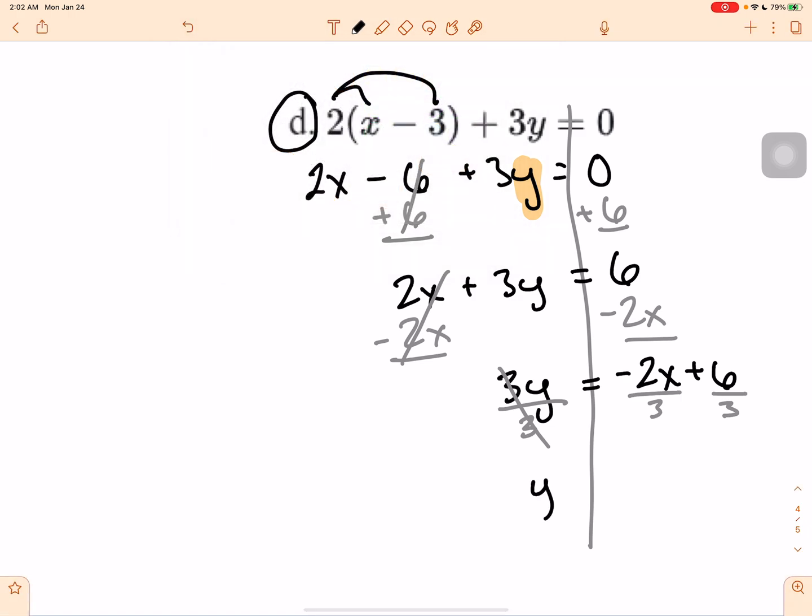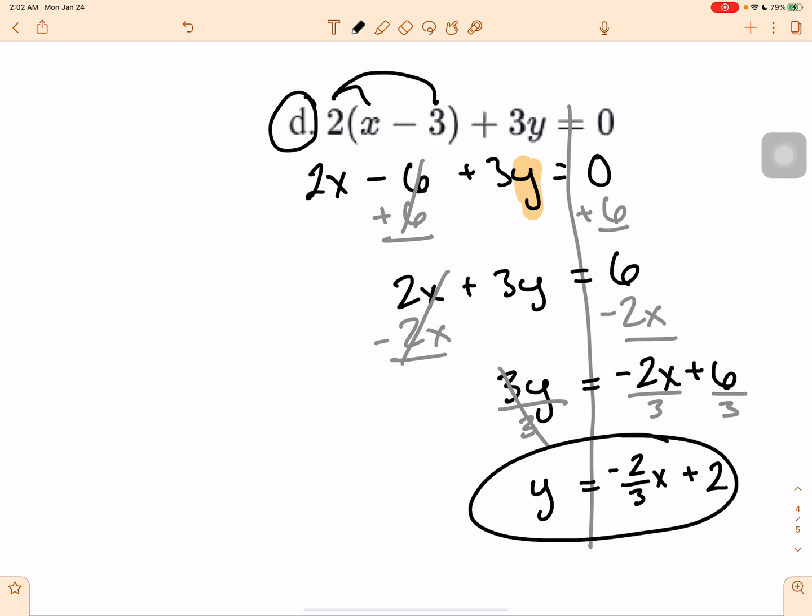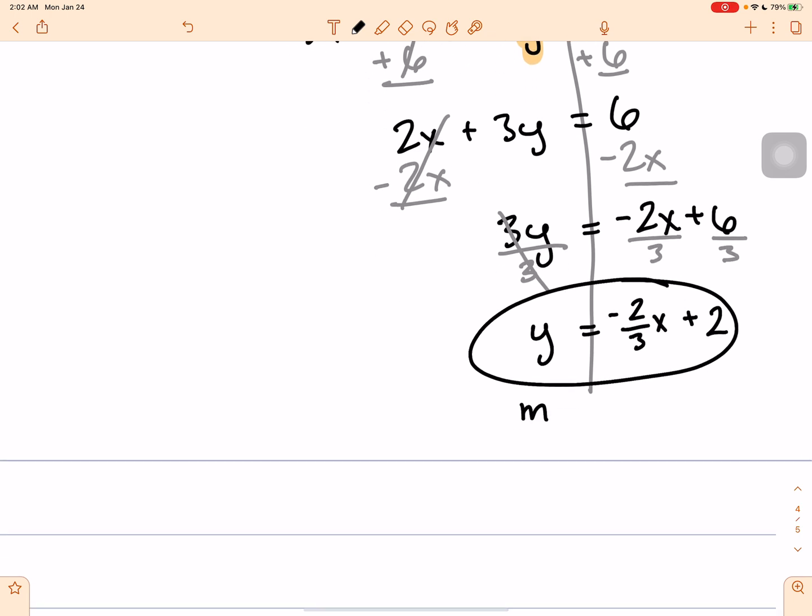So now we end up with y equals negative 2/3 x plus 6 divided by 3 is 2. And now that is in y equals mx plus b form, where m equals negative 2/3 and b equals positive 2. And that is in your slope-intercept form. This is the slope, and this is the y-intercept.